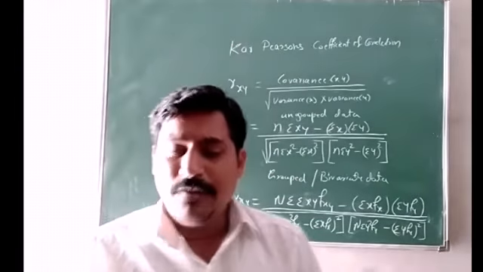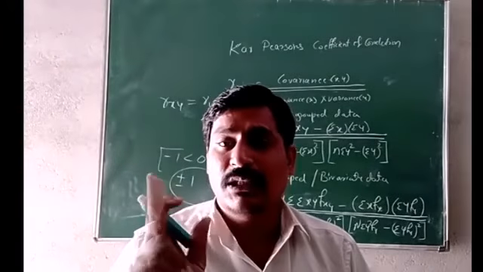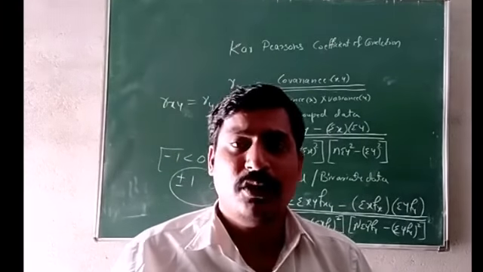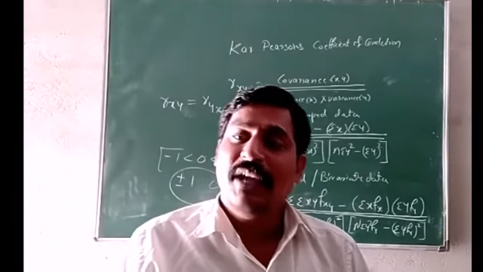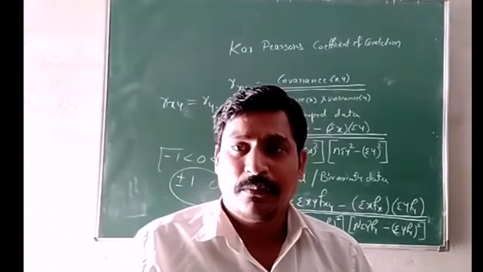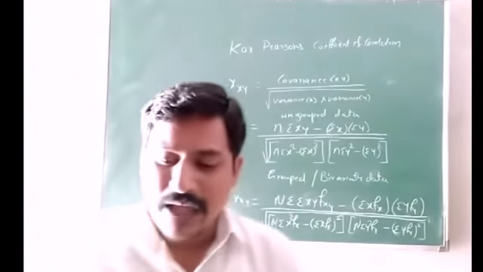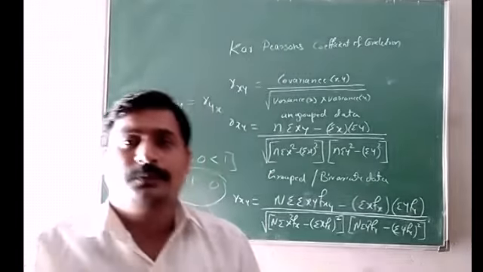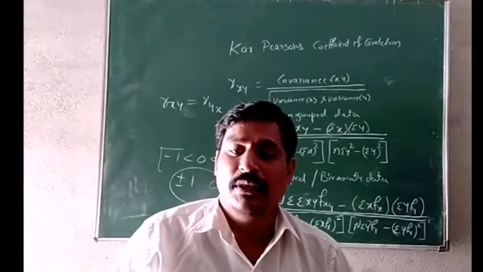If we get exactly +1, we conclude it as a perfect positive correlation. If we get exactly -1, then perfect negative correlation. And if r is equal to 0, then there is no correlation between the variables.